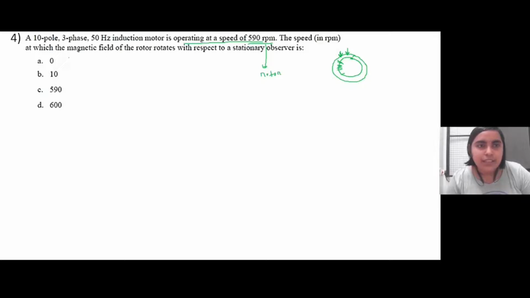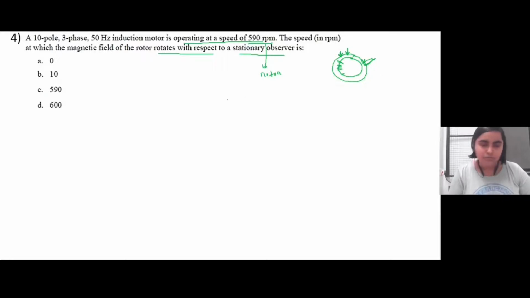So we have to find the speed at which the magnetic field of the stator rotates with respect to a stationary observer. Stationary observer means someone who is observing from outside. So basically you have to calculate the synchronous speed, right?